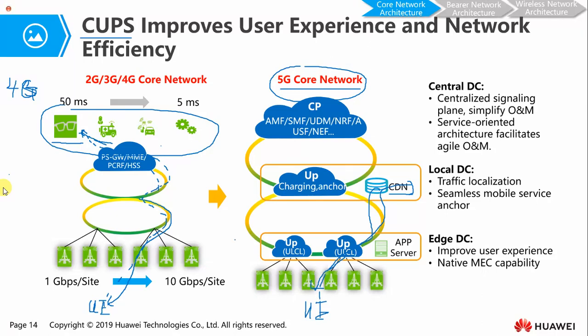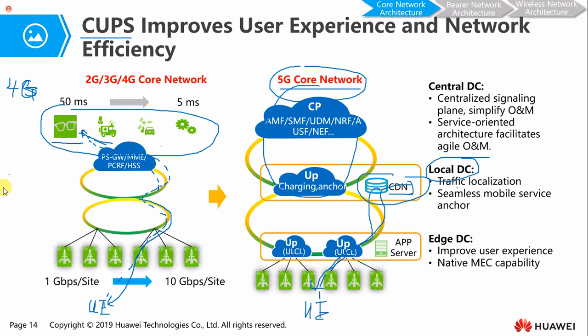The video is just stored in the local DC in the CDN, so the UE can visit here, very near, and it doesn't need to go through the whole network. Just with the local DC, it can reduce the latency.